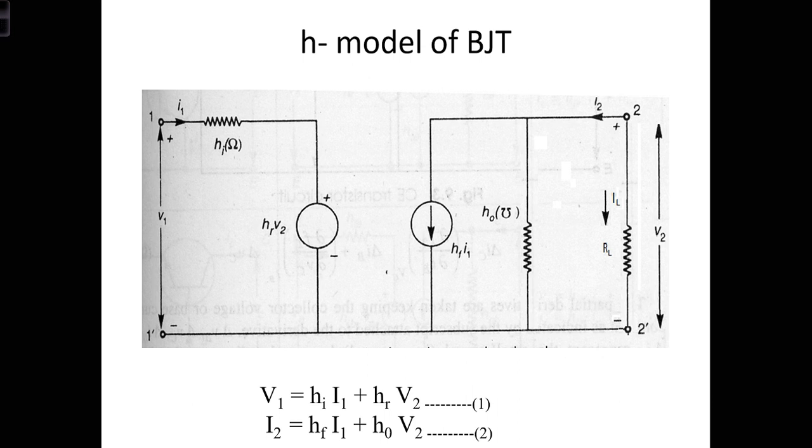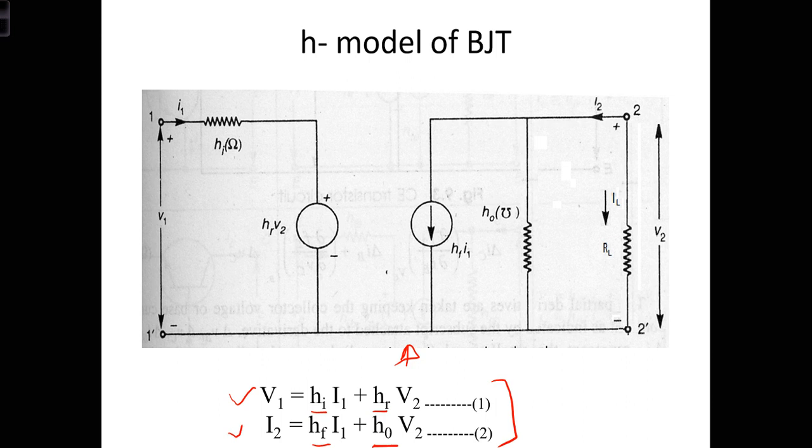Now, if you are comfortable with these two equations, you can easily construct this model from these equations. How to construct the model, we will see in the next video. In this video, our aim was just to introduce these two equations, and what HI, HR, HF and HO are.